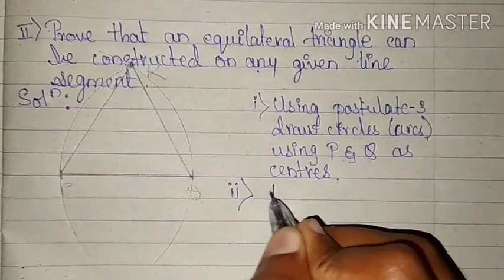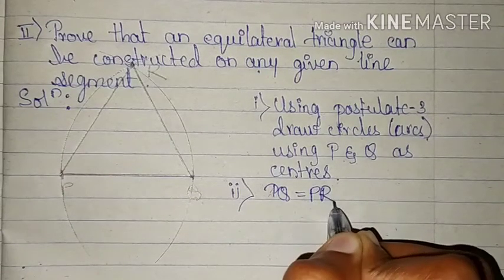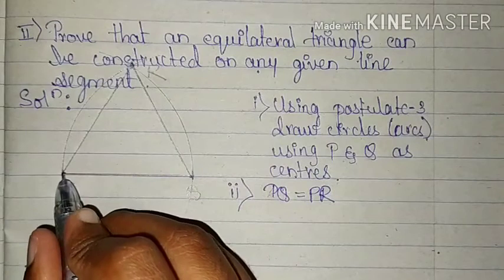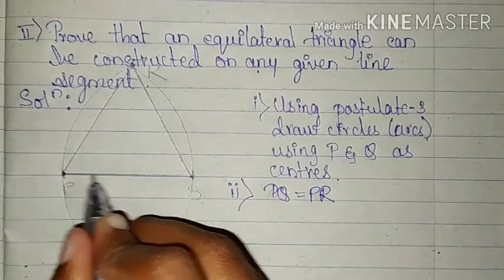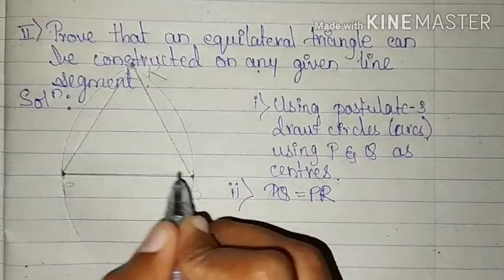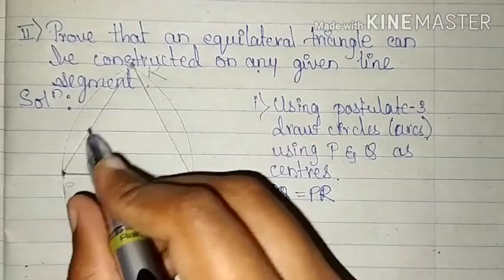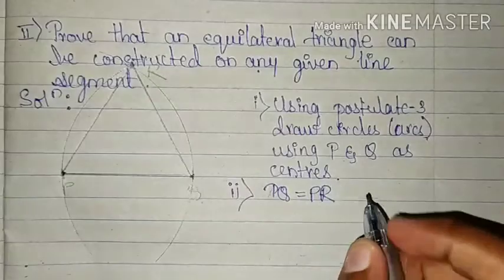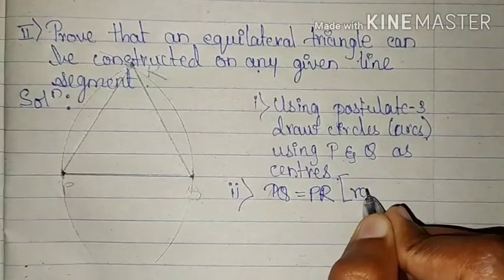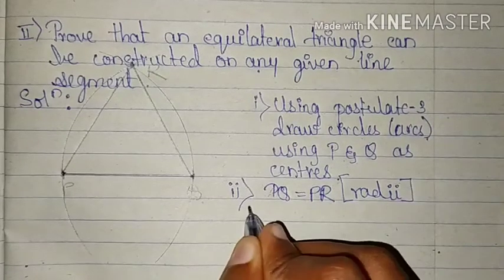I can write that PQ is equal to PR, because when the center was P I took my radius to be Q, right? So PQ was my radius here. Now if I consider my center P, then PR is also a radius. So PQ is equal to PR, radii of the circle.